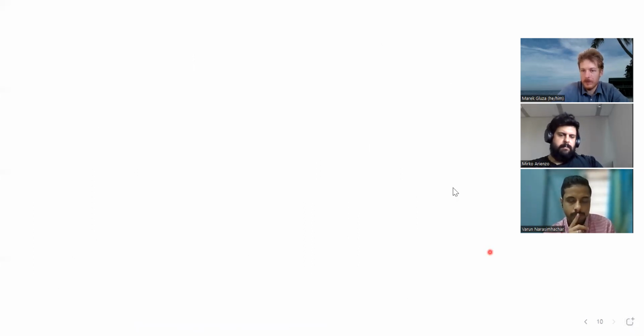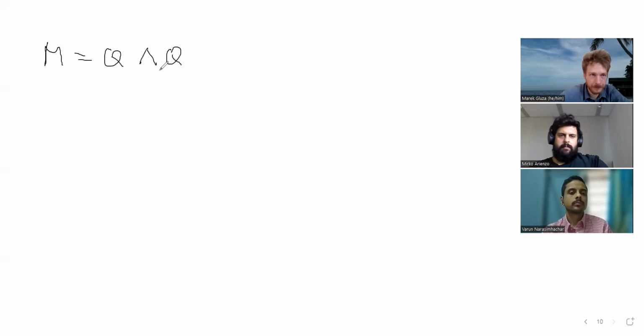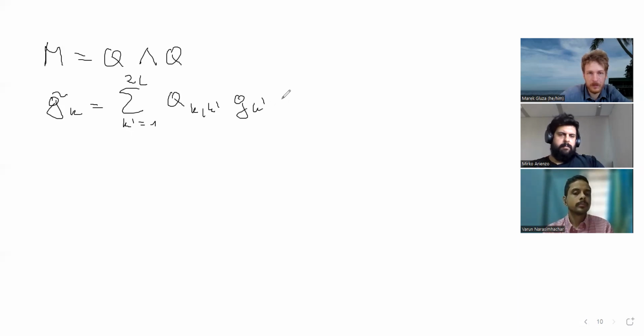So now we are taking a while, but I want to show you that suddenly we can start using Grassmann integrals to start proving theorems. So I can write M Q lambda Q. Now I can define a G tilde set of vectors, K prime from 1 until 2L because we have an even number of those, K prime, GK prime.